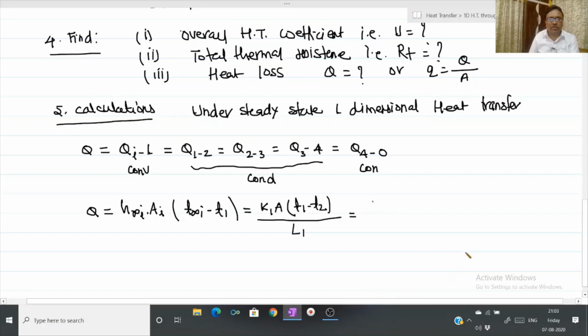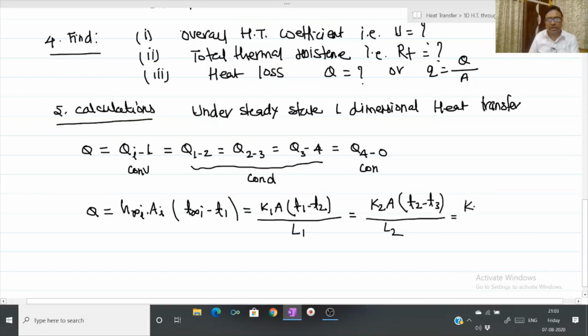Similarly, for fiber insulation, k2 A, T2 minus T3, area of insulation glass will be same.